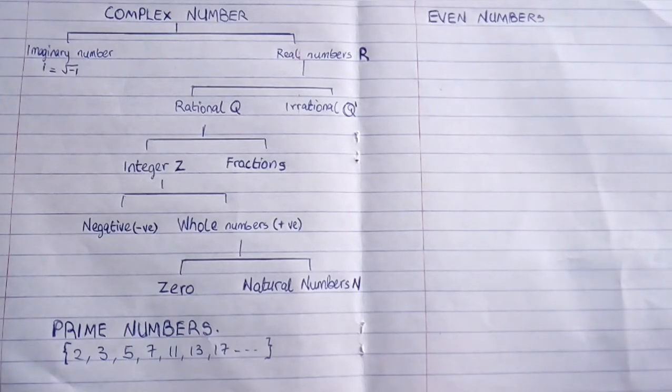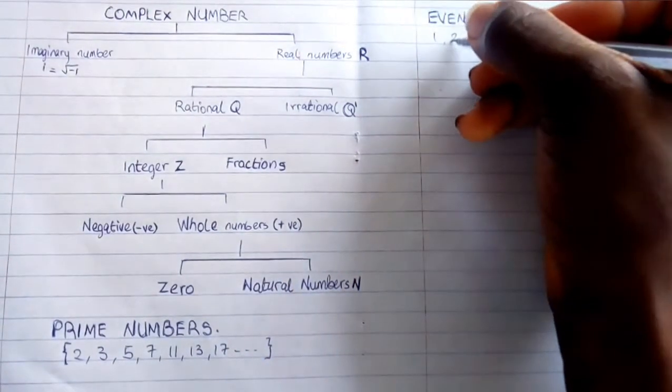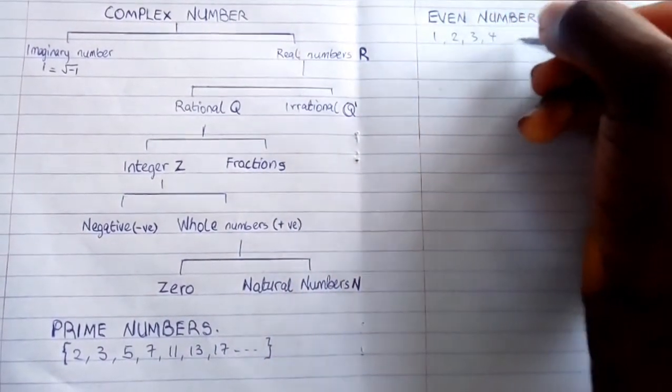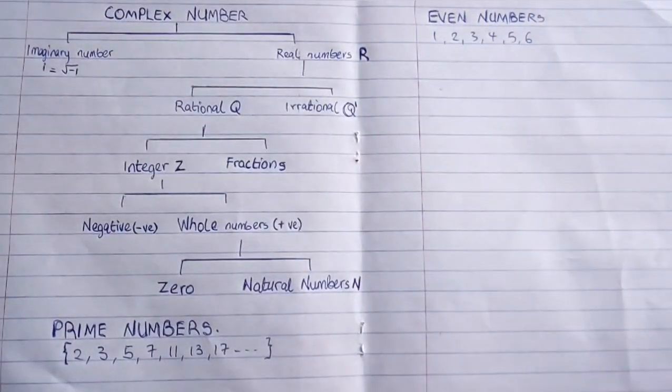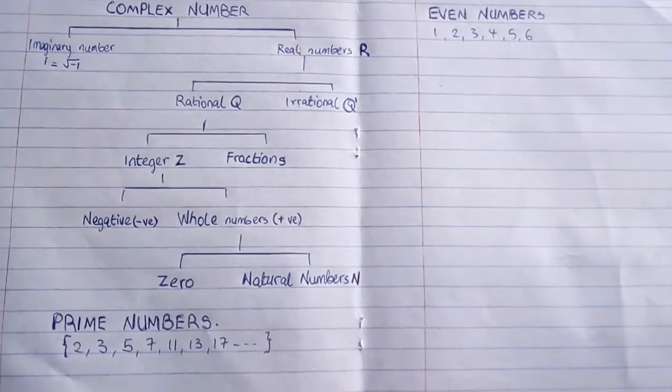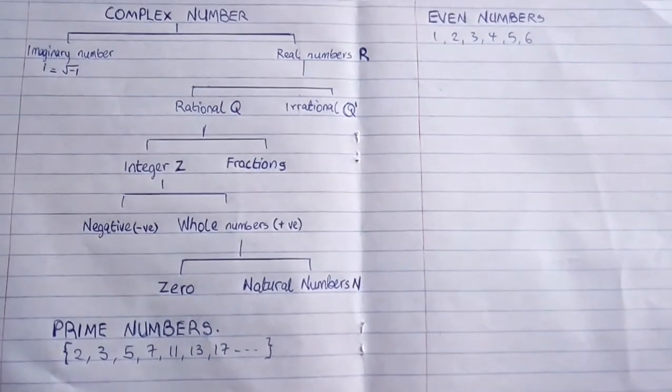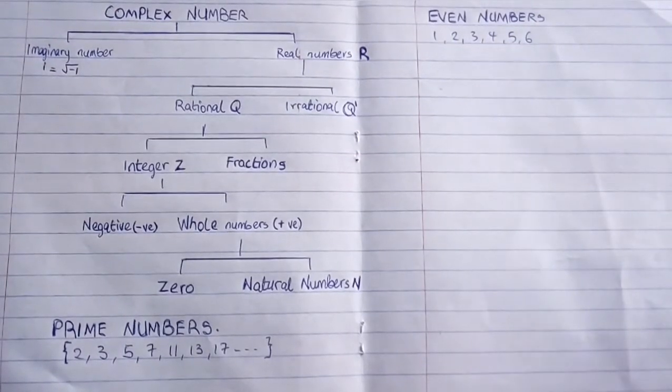Another way to see even numbers is this: from the natural numbers, like 1, 2, 3, 4, 5, 6 and so on, which are also sets of whole numbers, even numbers can be called whole numbers that fall in every second place.